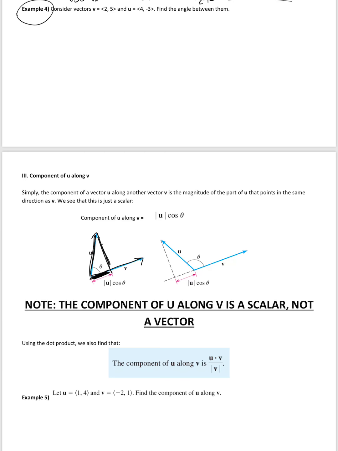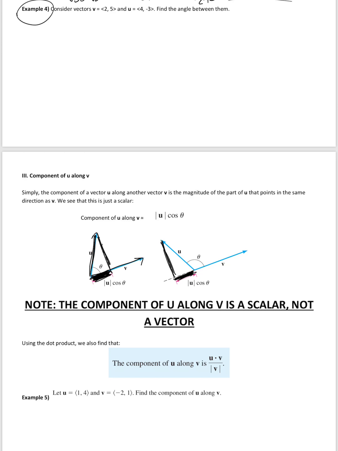So it's this right here, in this case, the horizontal component of this vector, if we're kind of tilting it and looking at it along 90 degrees. And the same works if they're pointing in opposite directions. It's still the component of u along that vector v.